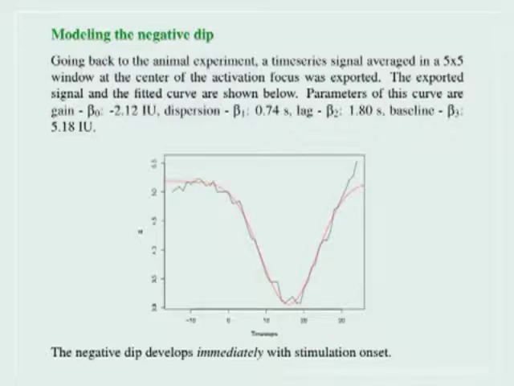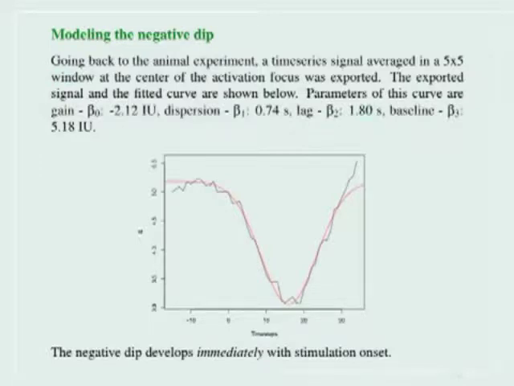So for instance, if we take the negative dip, and this is just a small region around the center of the blue area that we saw before, and this is the time course here in time steps. There were measurements taken every 100 milliseconds. And so this is the pre-stimulus phase, and this is the phase of the stimulus.